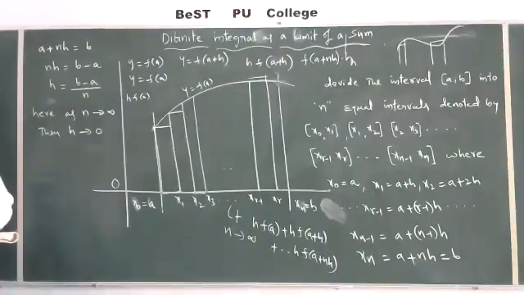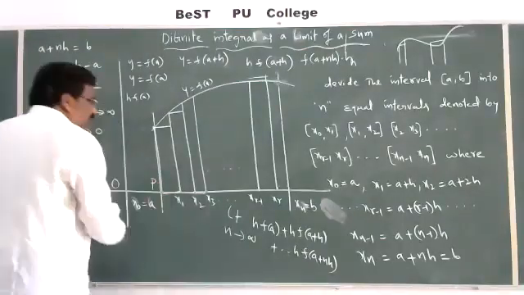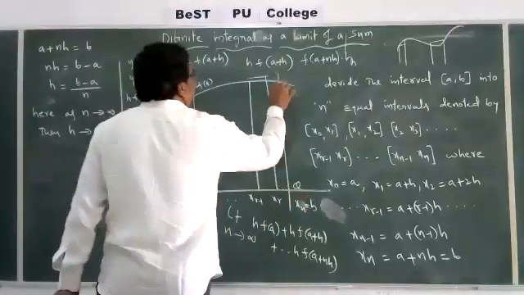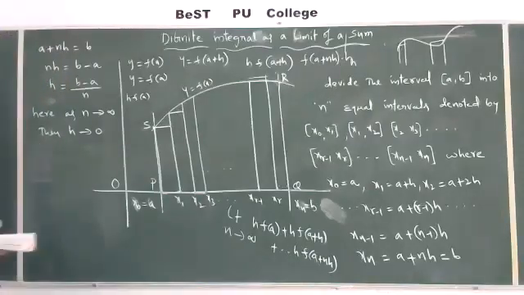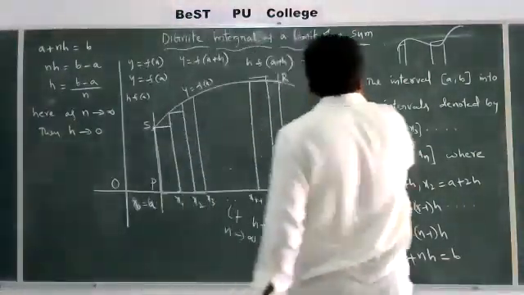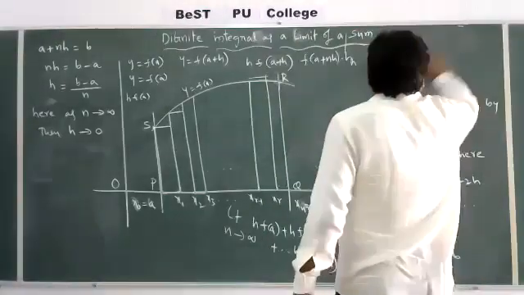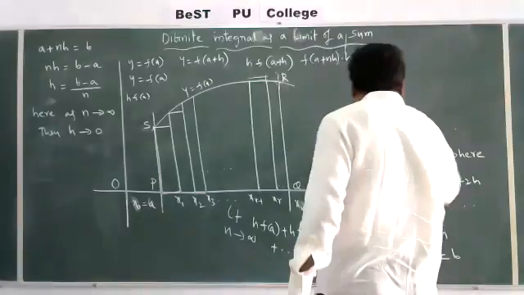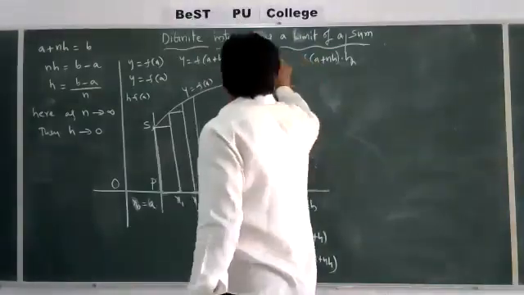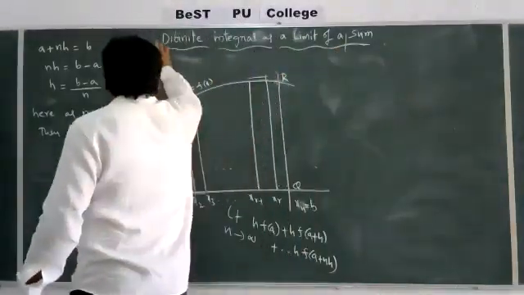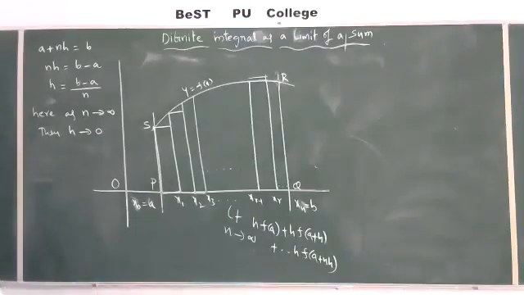Then write here, for example, P, Q, R, S. Then write the area of the figure PQRSP.